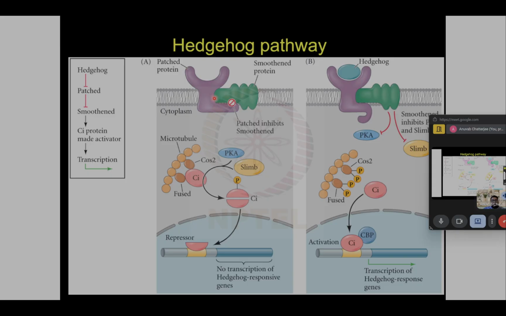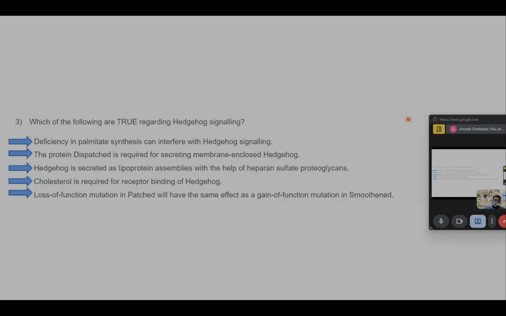Similarly, a gain of function of smoothened means that even though there is no hedgehog binding to patched, smoothened will still activate the entire pathway. So loss of function of patched and gain of function of smoothened will have the same overall phenotype. So all the options were true. Really easy.